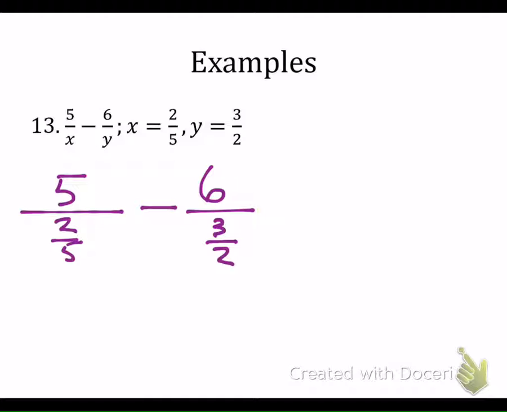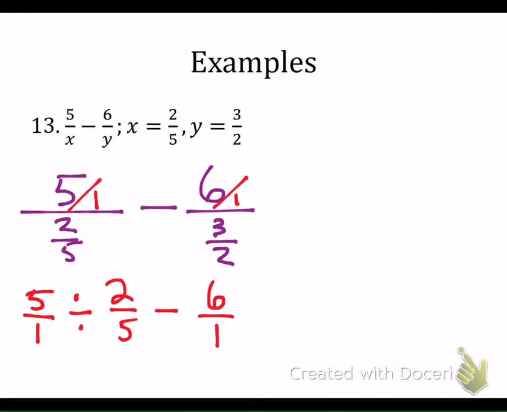I'm also going to make these both over 1. So this is going to be 5 over 1, old school division symbol, 2/5, minus 6 over 1, old school division symbol, 3 over 2. I am going to pause for you to process.